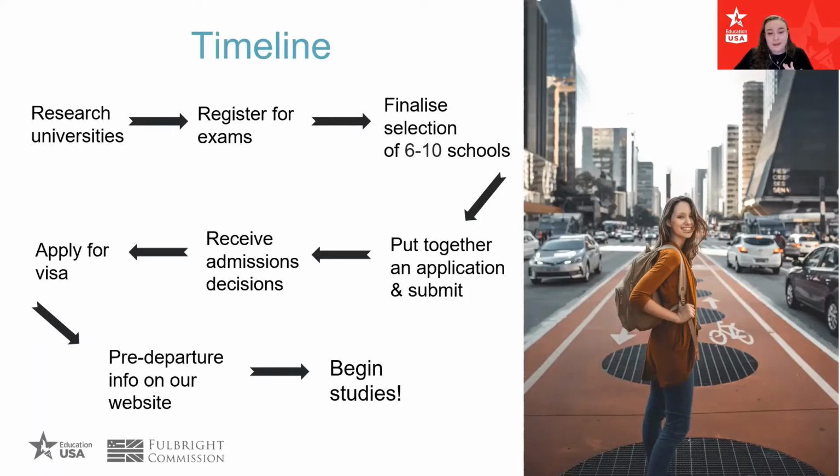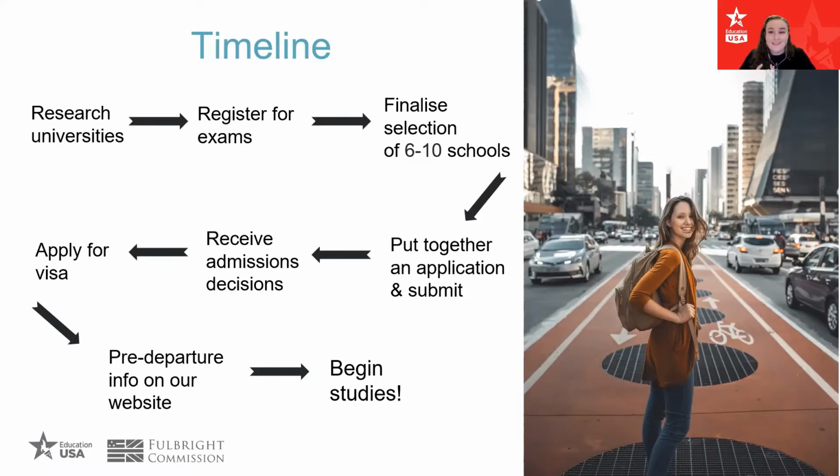In the spring of your final year, you'll then start to hear back from universities. And then, based off where you're admitted, you will also apply for your US student visa in the summertime, usually sort of 1 to 3 months before you plan to enroll.